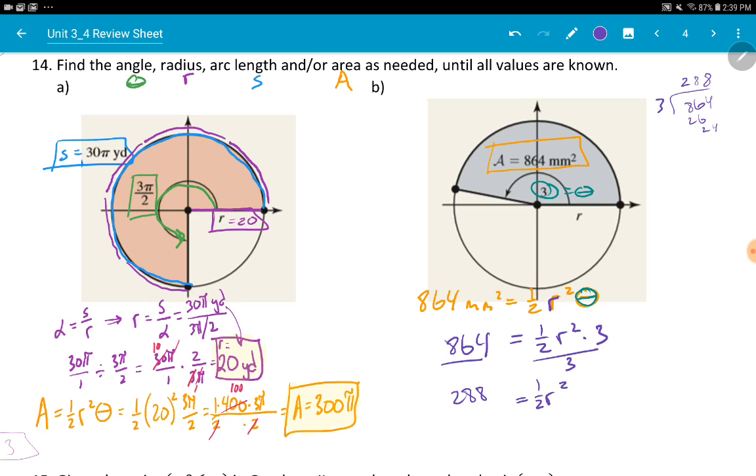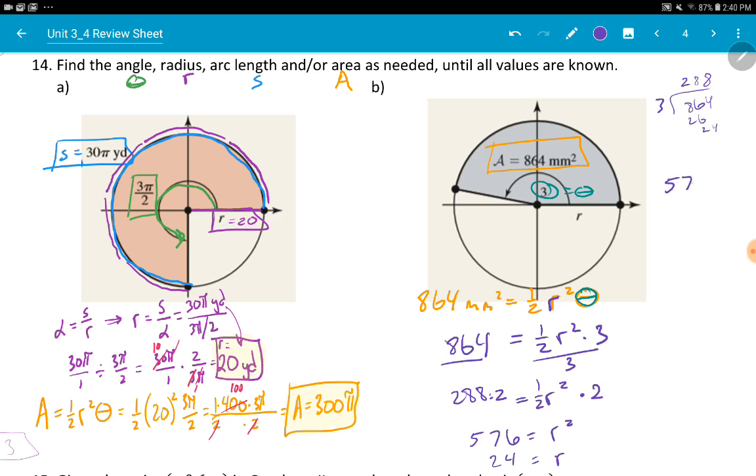I still have that 1/2 there I got to get rid of. So to get rid of that 1/2, I'm going to multiply both sides by 2, or the reciprocal of 1/2. The 1/2 and the 2 cancel. I have r squared equals 288 times 2 gives me 576, which tells me that r equals 24.